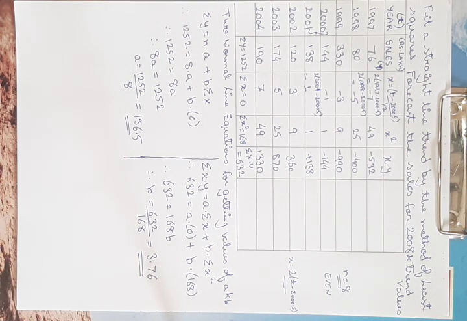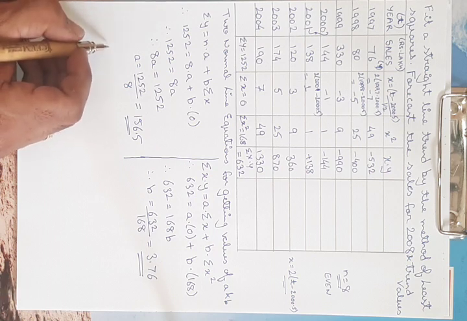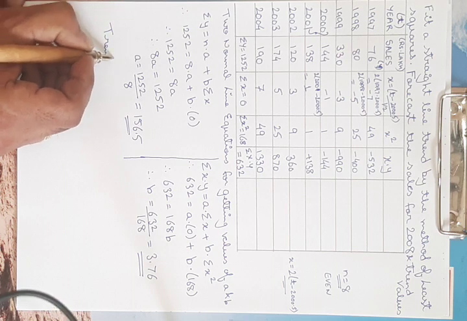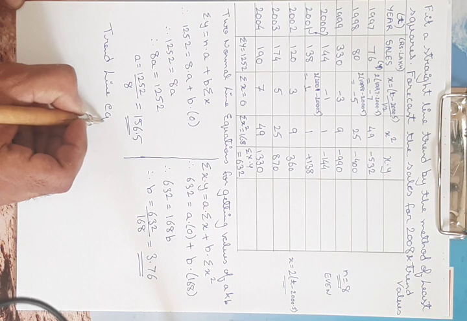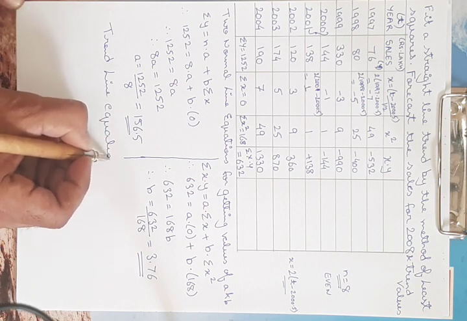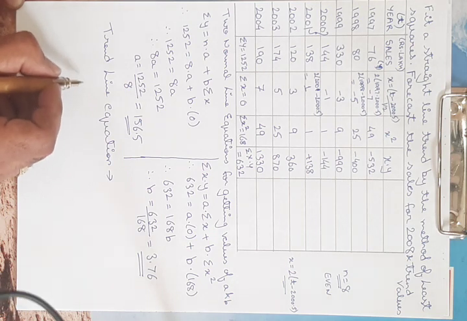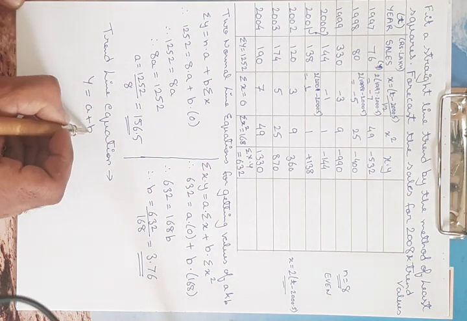Now we need to put these two values in our trend line equation. So trend line equation for time series analysis is given by y is equal to a plus bx.